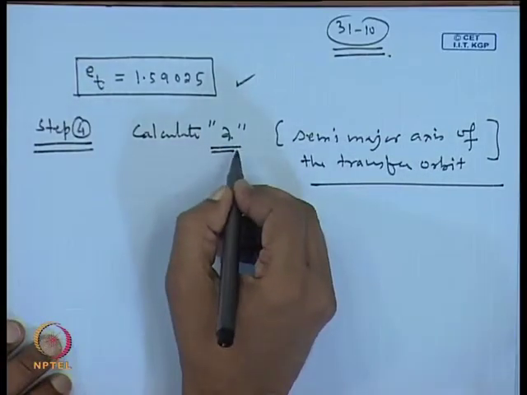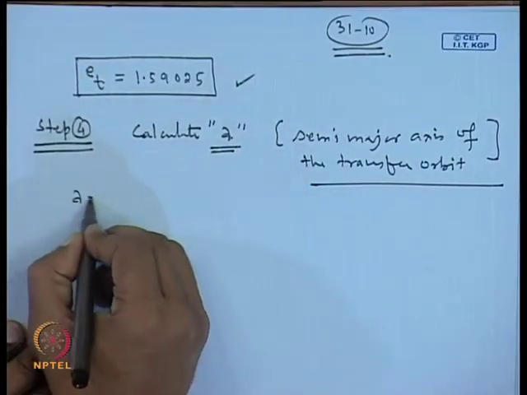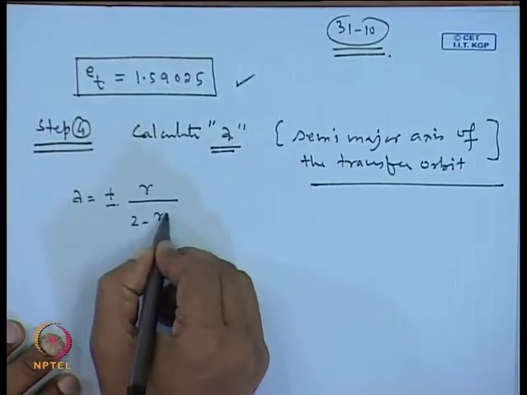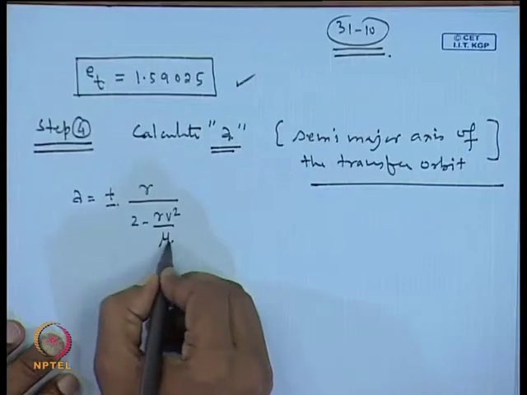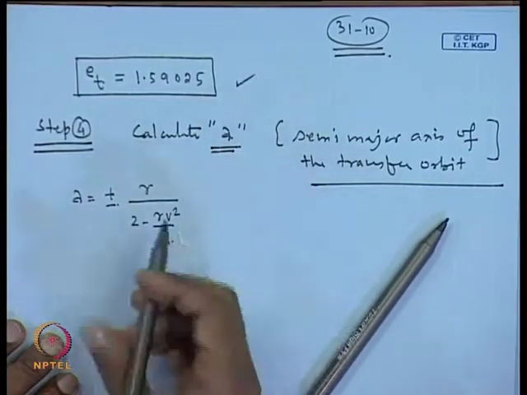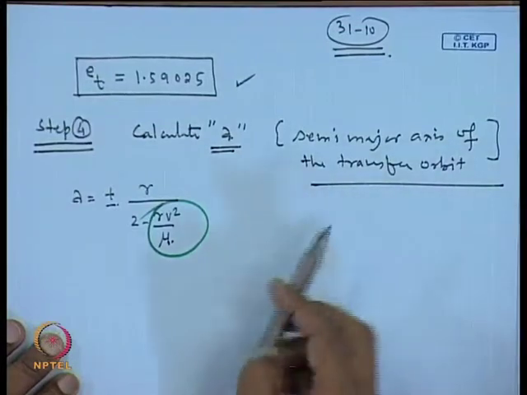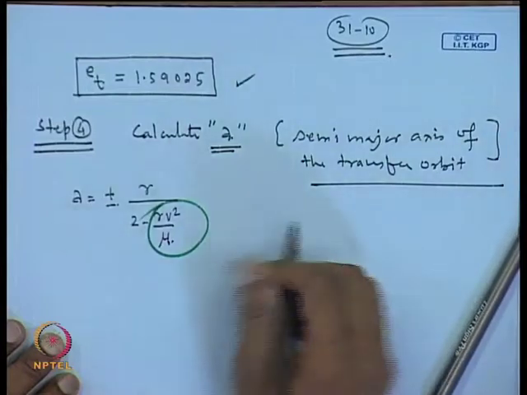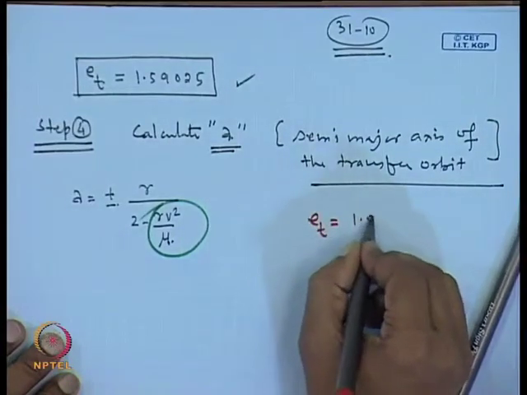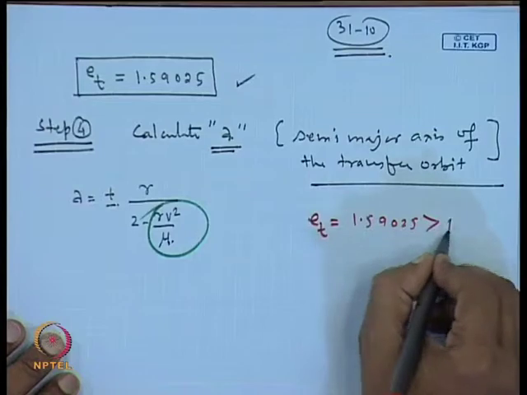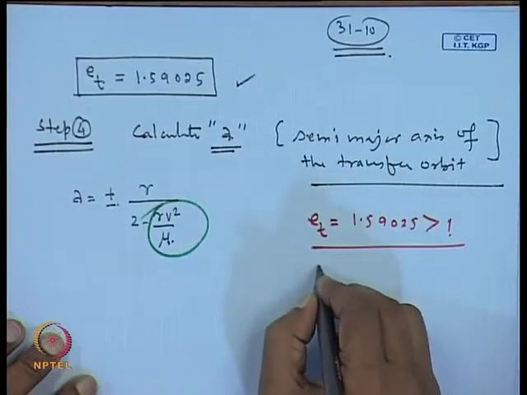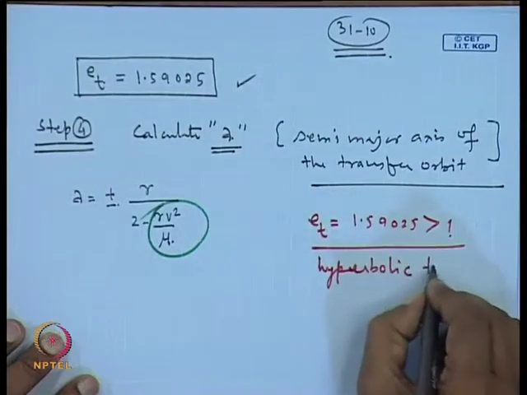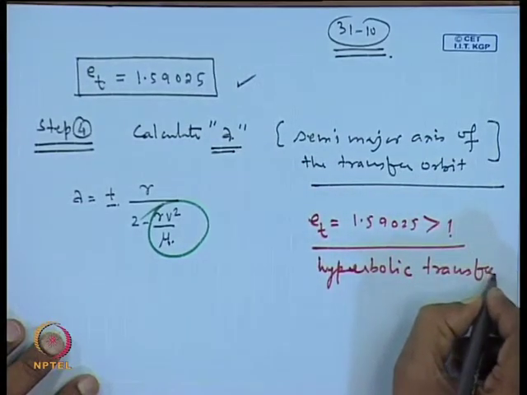Okay, but before calculating A, using the relationship plus minus r by 2 minus r v square by mu, you need to calculate this particular value. You need to calculate this. Okay. So, here E t is just now we have worked out 1.59025, which is greater than 1. So, therefore, hyperbolic transfer orbit.